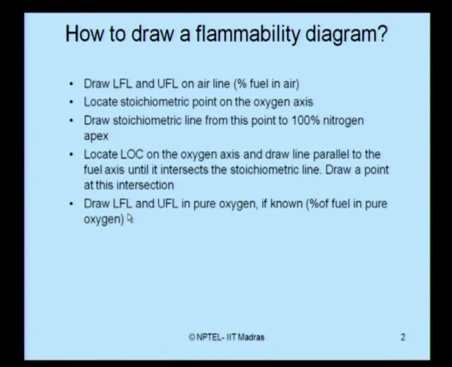Now draw LFL and UFL in pure oxygen if they are known for the specific fuel which you are considering for the problem. Basically it is nothing but the percentage of fuel in pure oxygen. If you know that, try to mark them on the pure oxygen arm. Connect the points to get the flammability diagram.